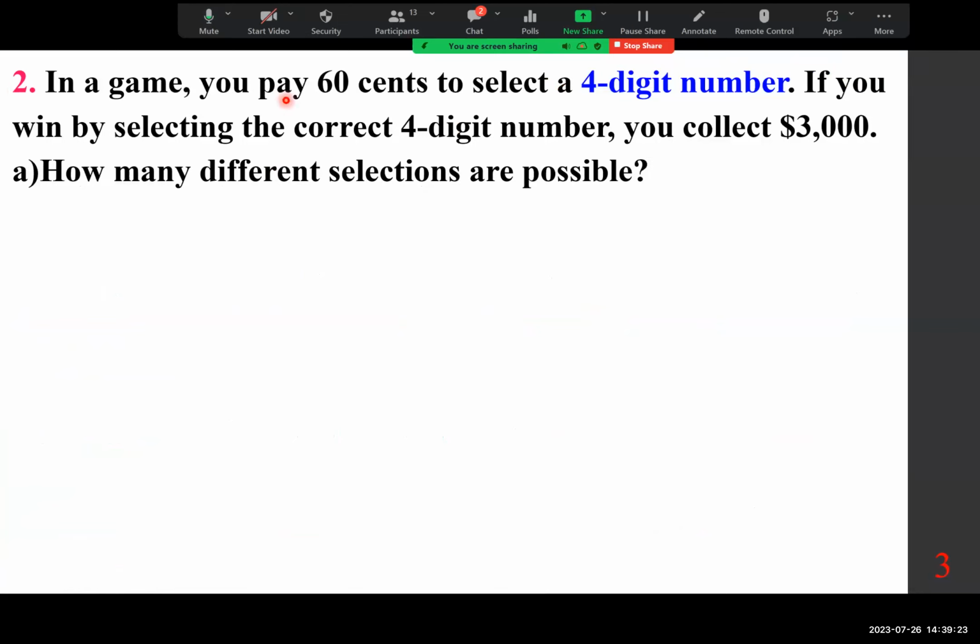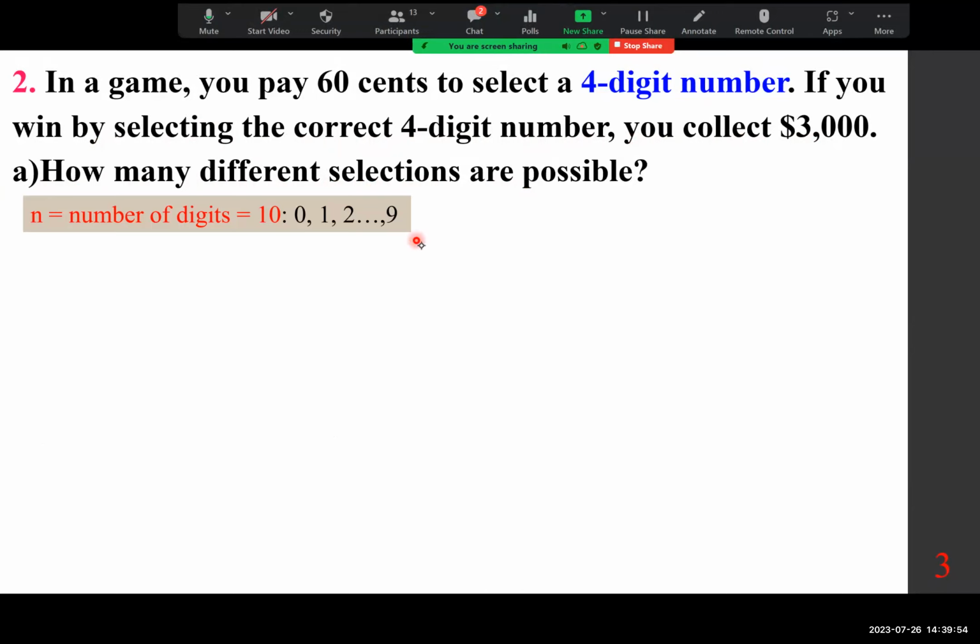In a game, you pay 60 cents to select a 4-digit number. If you win by selecting the correct 4-digit number, you collect $3,000. How many different selections are possible? Well, the number of digits is 10, because the numbers go from 0 to 9.